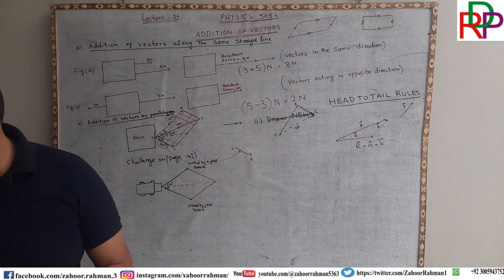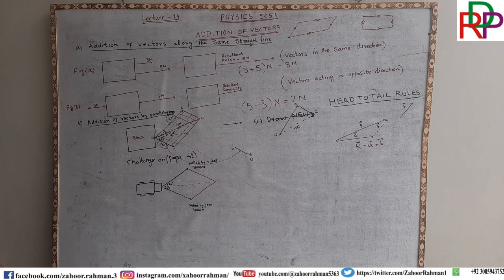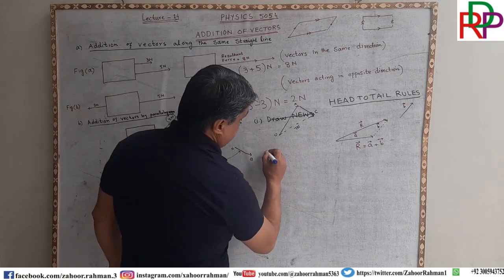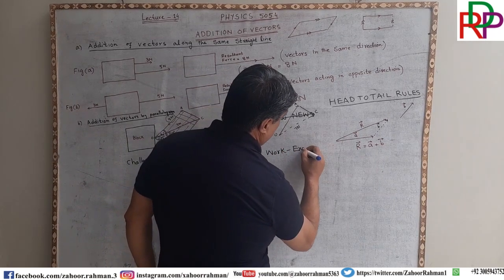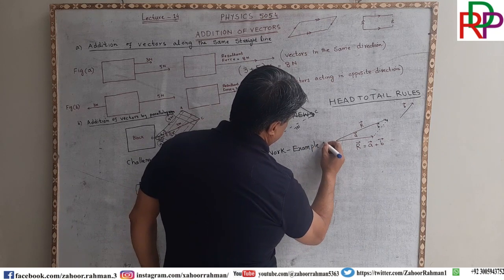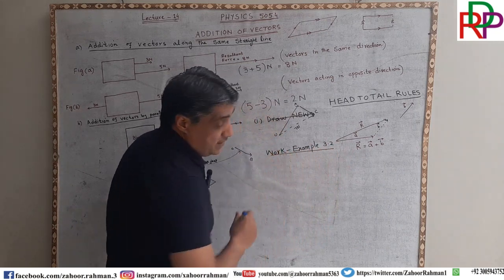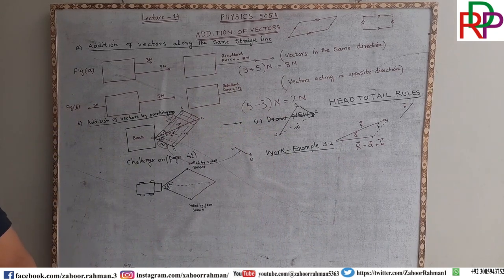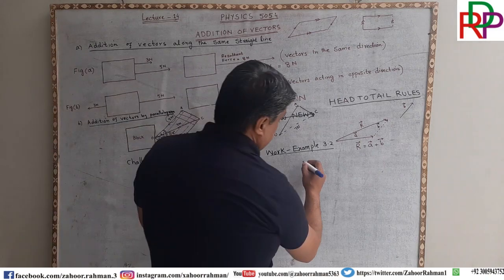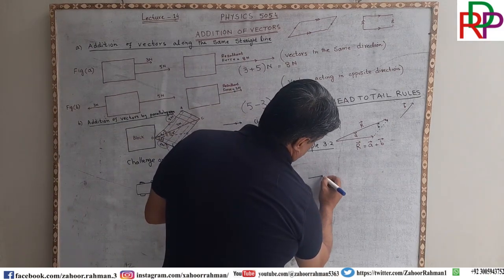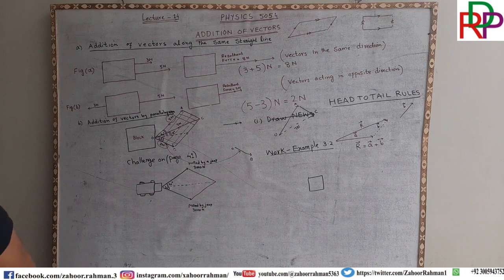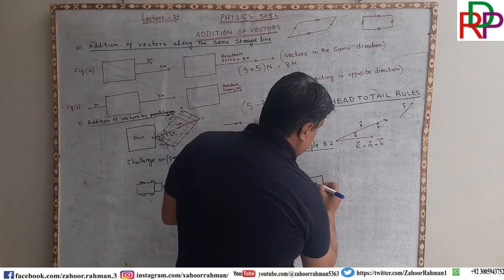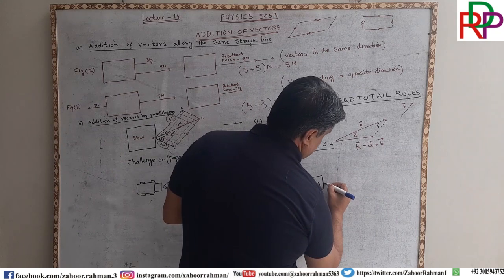Ladies and gentlemen, there is work example 3.2, which is also on page number 41. They are saying that there is a block which they denoted by M, and there are two forces acting on this.